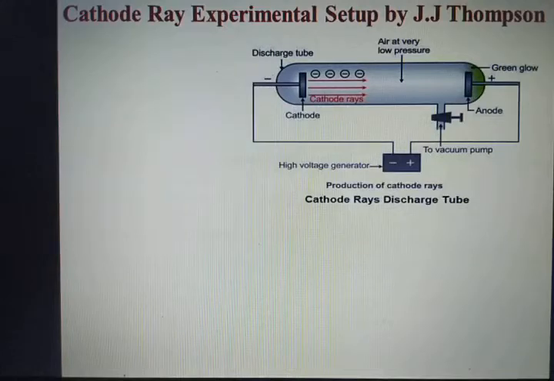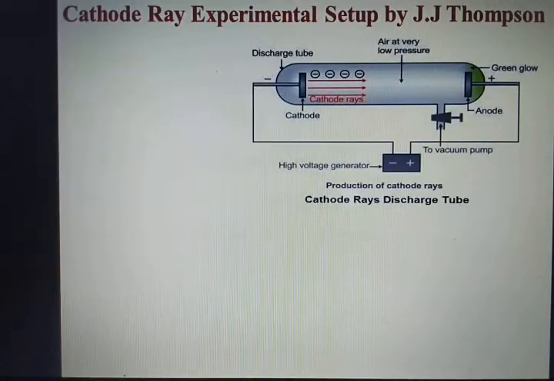So the cathode becomes negatively charged, since it's connected to the negative terminal of the battery, and the anode becomes positively charged, because it's connected to the positive terminal of the battery.